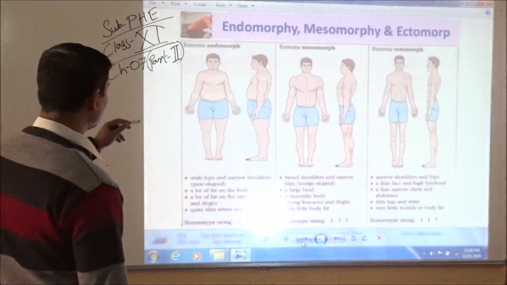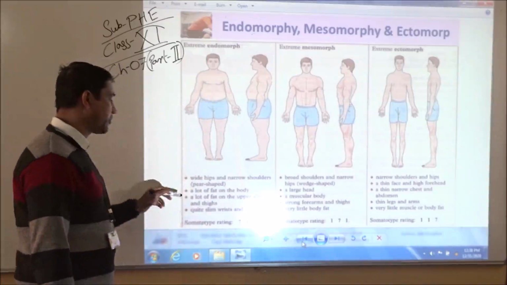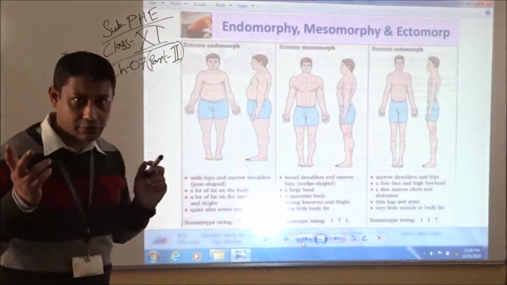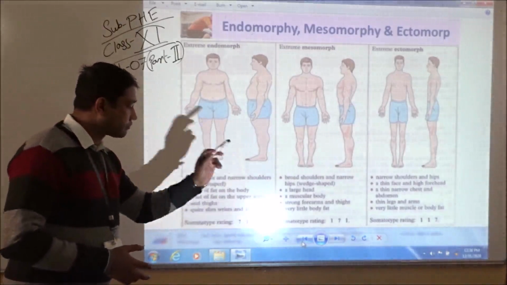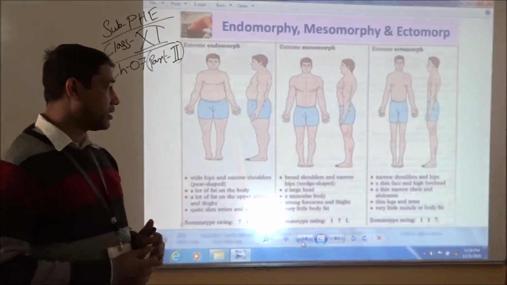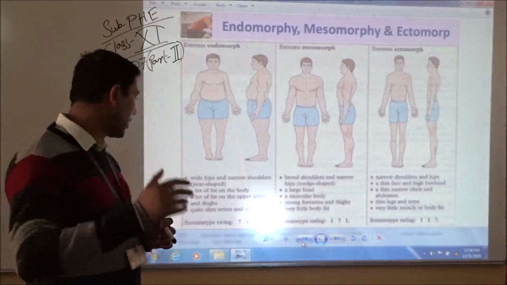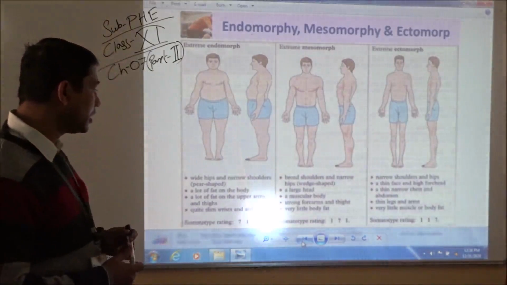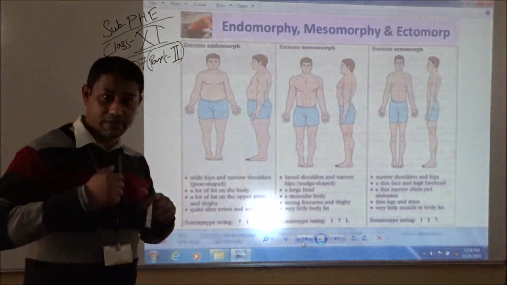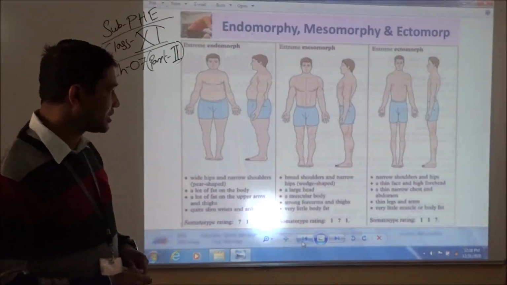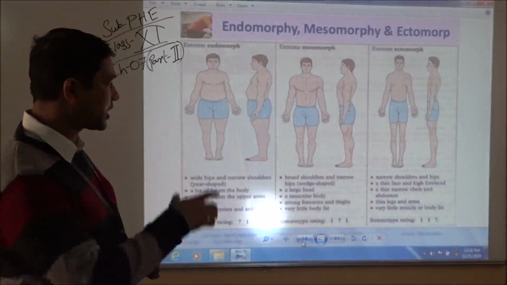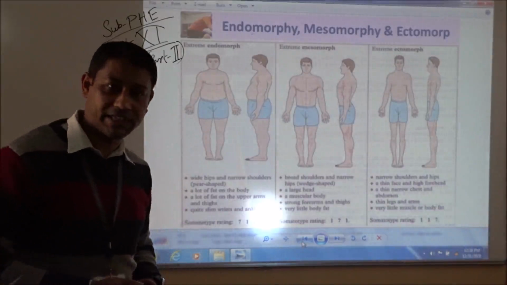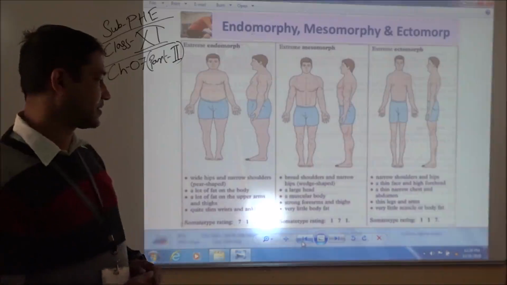Endomorphs are pear-shaped, as you can see students, with wide hips and narrow shoulders. The mesomorphs have broad shoulders with narrow hips. They have a large head and muscular body. The last one, ectomorphs, are lean and thin in appearance.